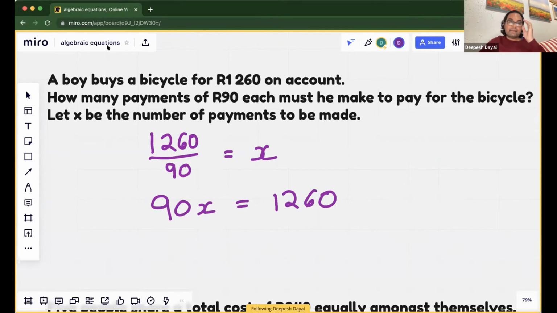Okay, 90 times X. I've got another one, 90X equals 1,260. Yes, this is indeed correct. Both of them are correct, actually. So we've got 1,260 divided by 90 is X, and 90X equals 1,260.